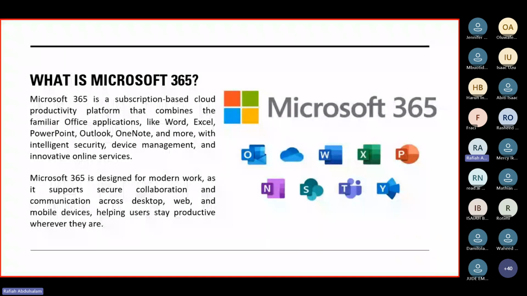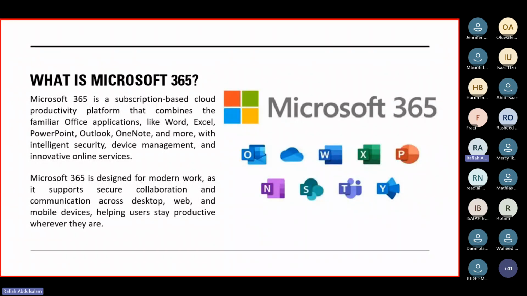In some cases, you can still extend the trial period, but in most cases, your trial subscription is usually for 30 days, and within that 30 days, you don't get to pay. But if after that 30 days you decide that you want to keep using the Microsoft 365 service, it becomes compulsory that you pay for the subscription. It's either you cancel at that point so you don't get automatically charged, or you have to pay for the subscription.